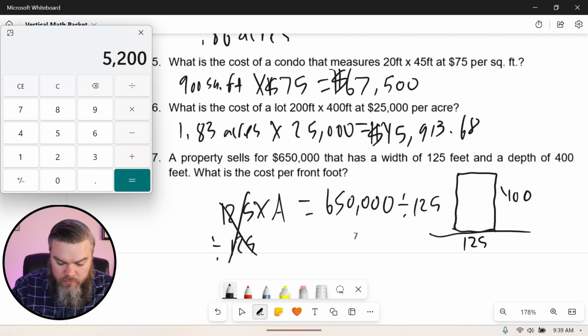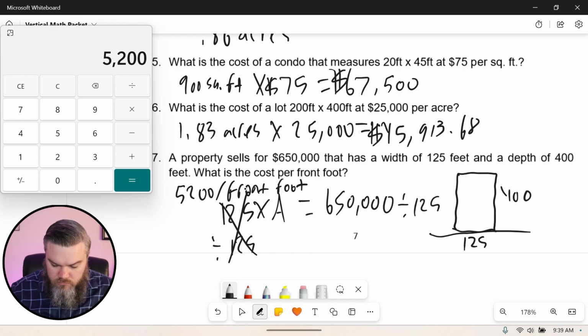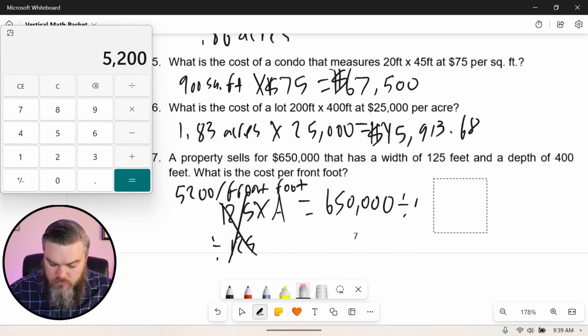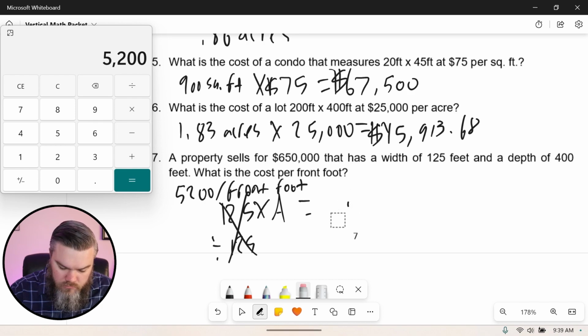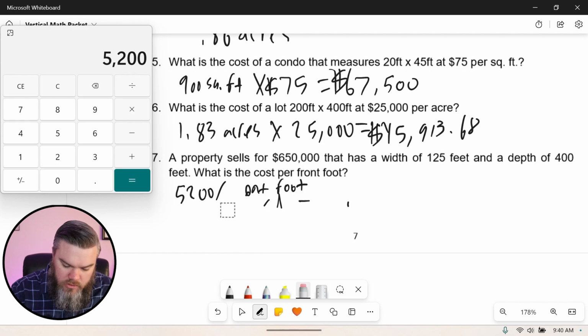It sold for $5,200 per front foot. And I'll just rewrite this too so I can save it for later.